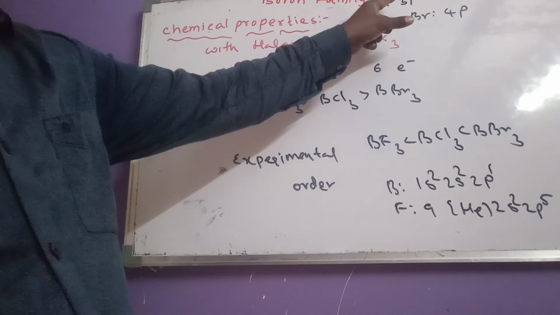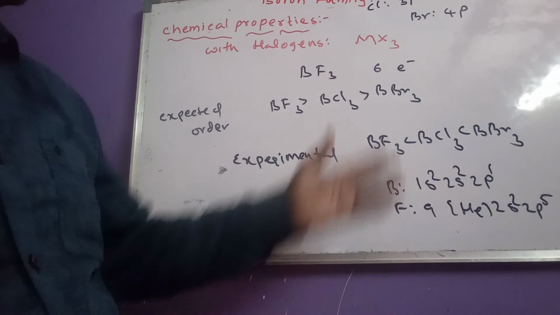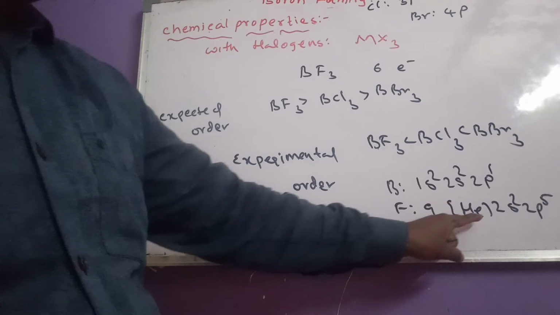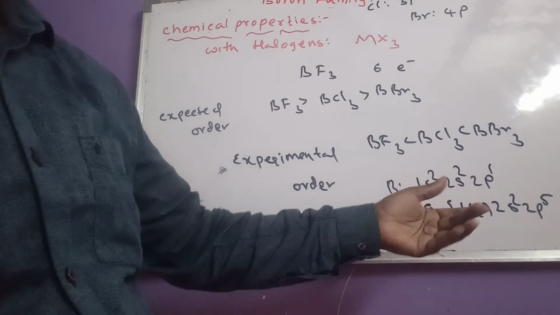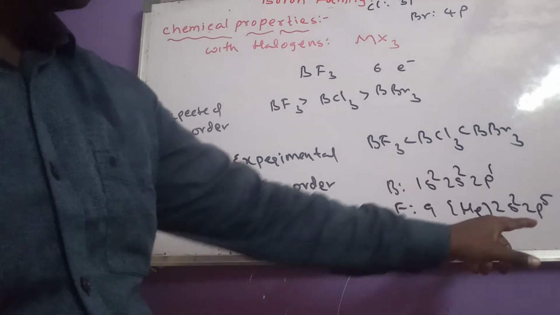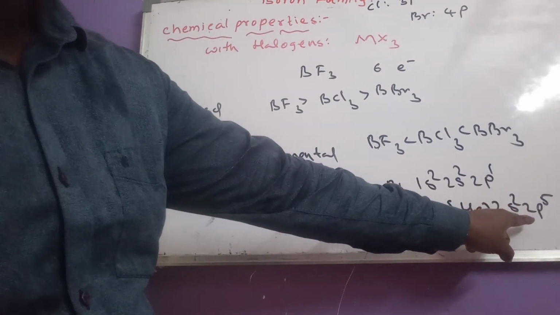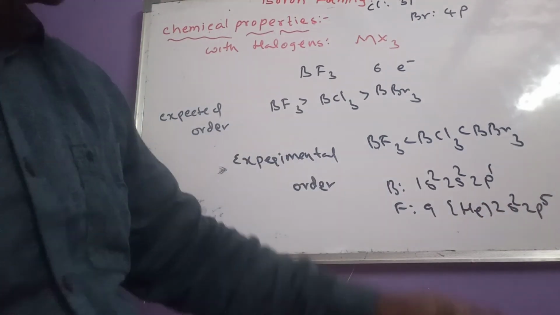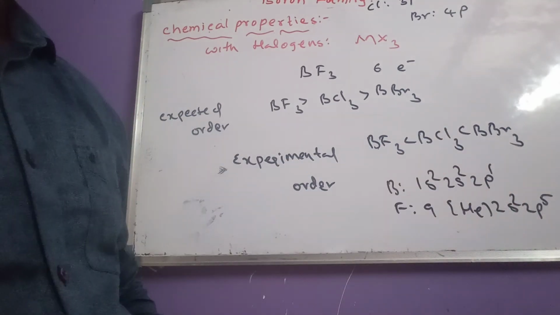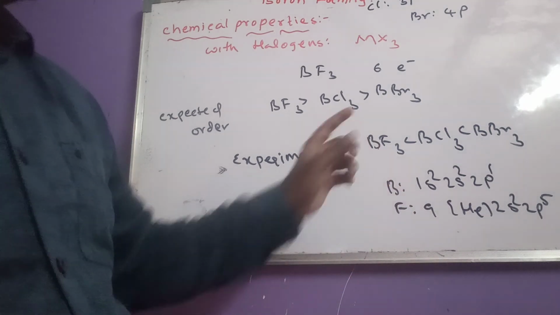With the 3p and 4p subshells of the remaining halogens, it is less convenient. In the case of BF3, there are more chances for the formation of back bonding, because the lone pair of electrons in fluorine is in the 2p set and boron has vacant orbitals in the 2p set only. That means back bonding is easily possible in BF3.